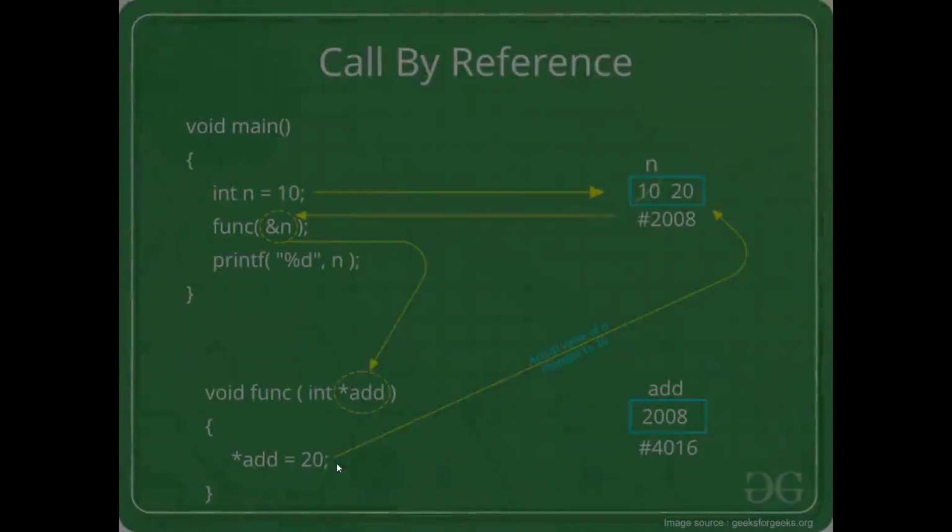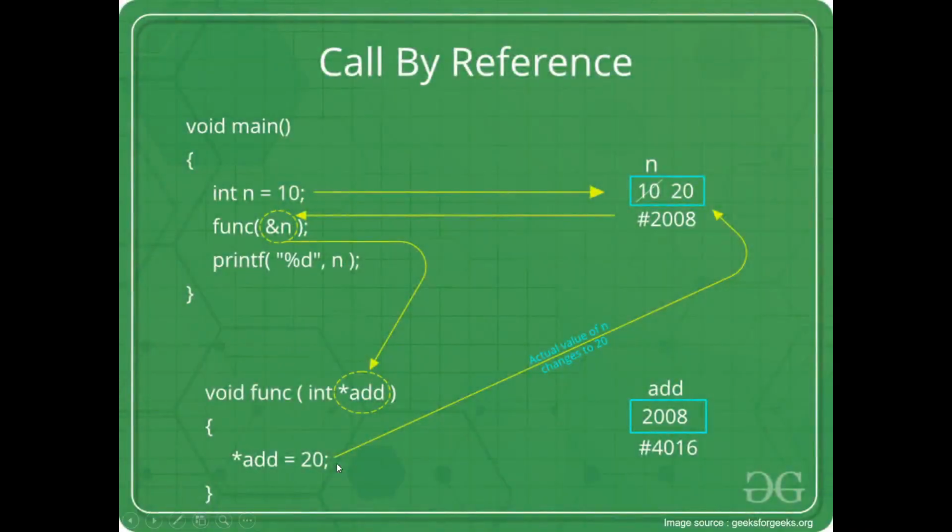Now let's see the difference with call by reference. Here we have an integer variable n whose value is 10 and a function, and we are calling the function and passing the address of that variable.